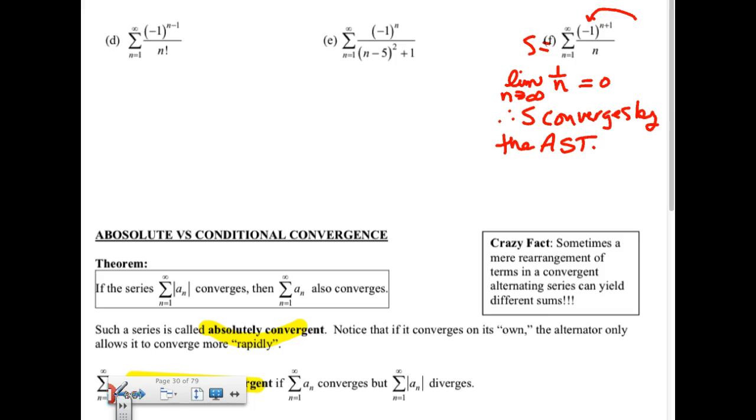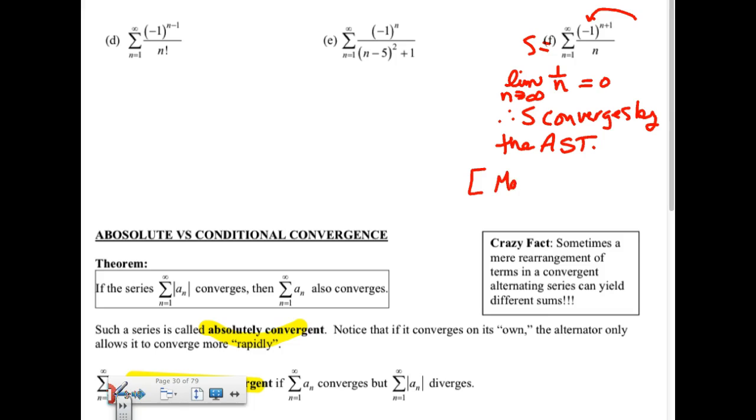Really easy, but understand what that's saying. It's saying that putting that negative in there and making every other one cause subtraction from the sum is enough to make the series converge. Just because the limit goes to 0, again, does not mean a series converges. But in the presence of an alternator, it will. And you could go test that out on your calculator. It might be worth your time, so my words actually have some meat to them.